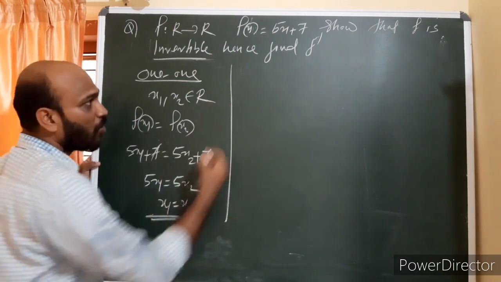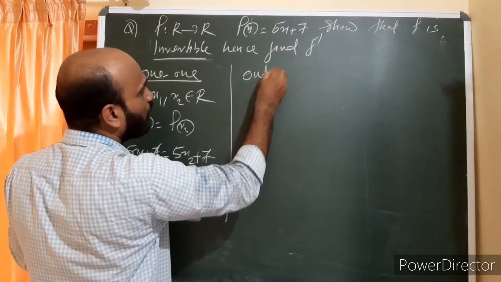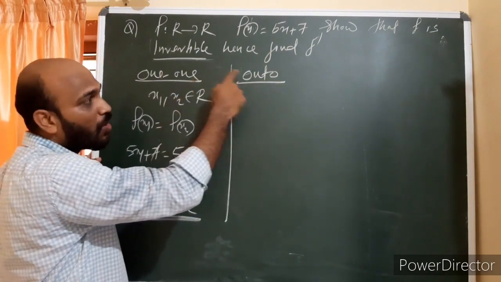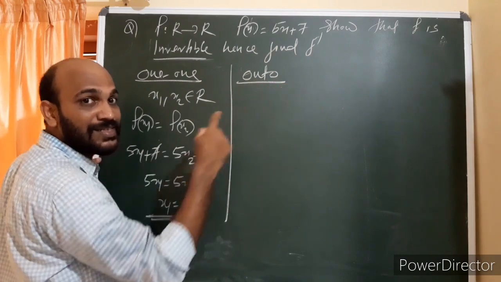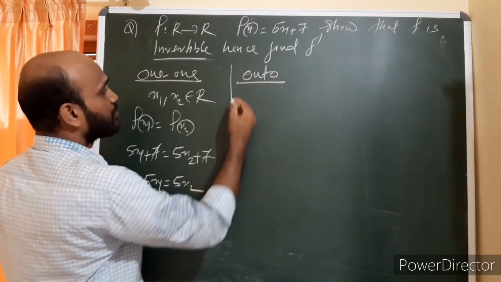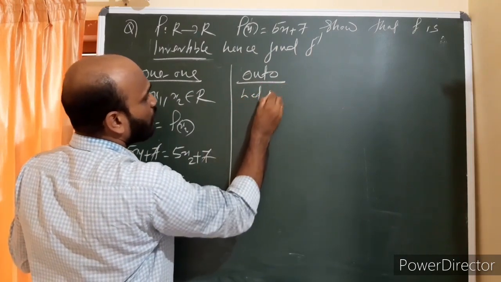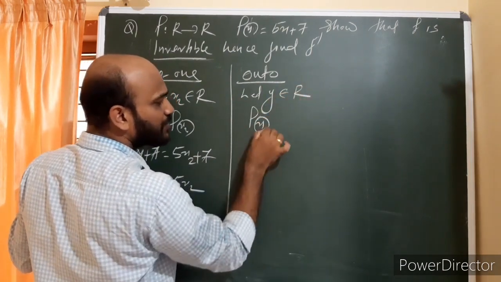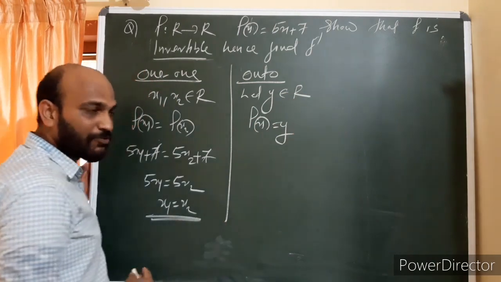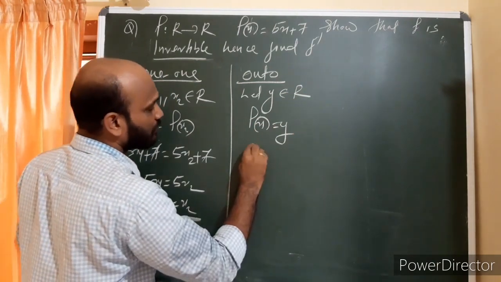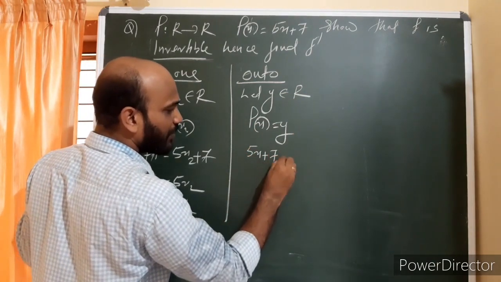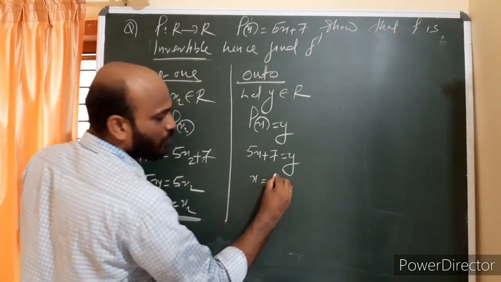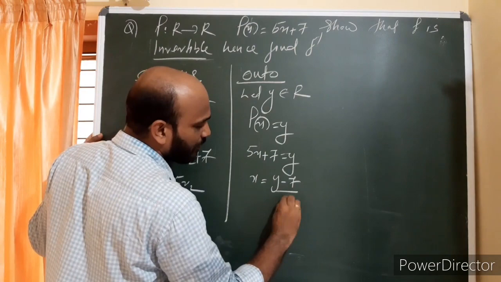Now you have to check whether the function is onto or not. 1-1 is also called injective. Onto has another name, that is surjective. Okay. So let Y belong to codomain R such that F of X equal to Y. F of X equal to Y means 5X plus 7 equal to Y. So the value of X equals (Y minus 7) by 5.